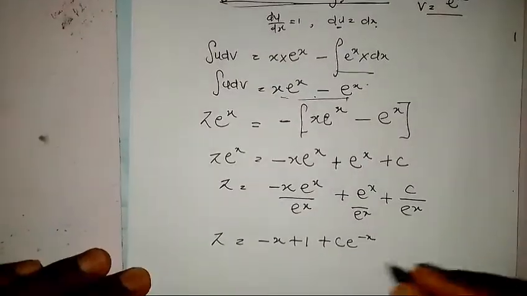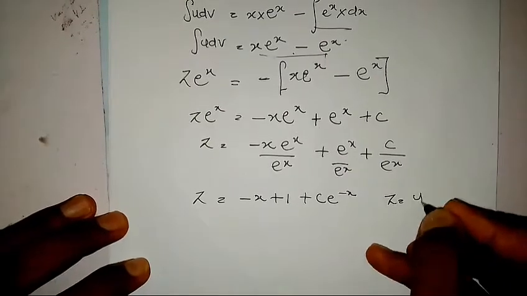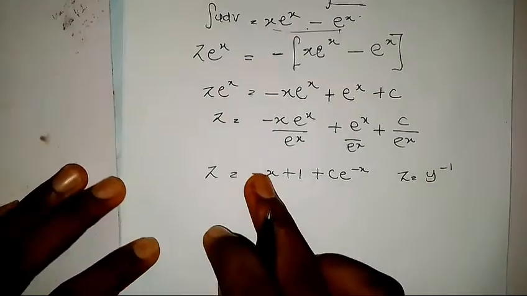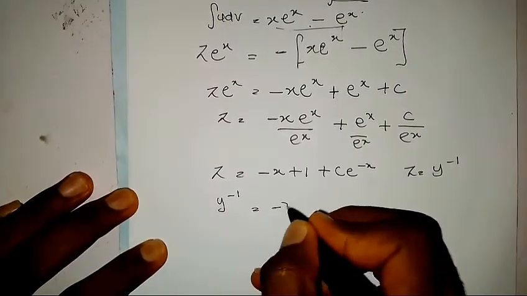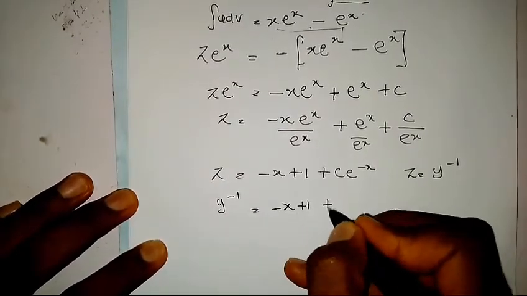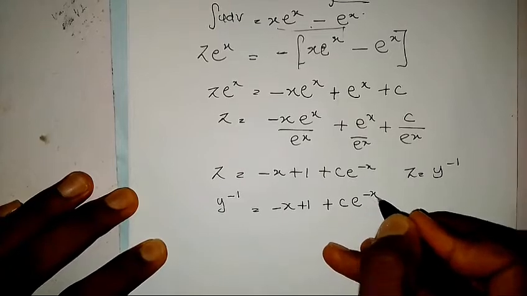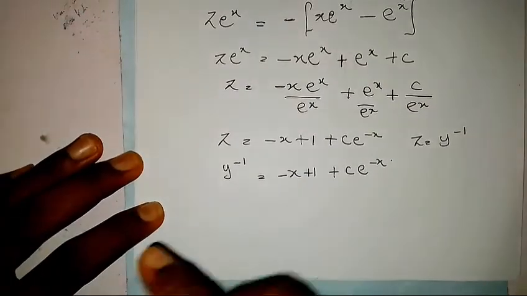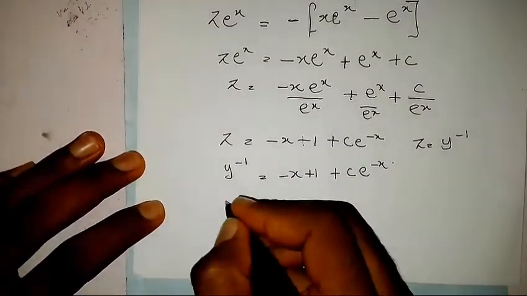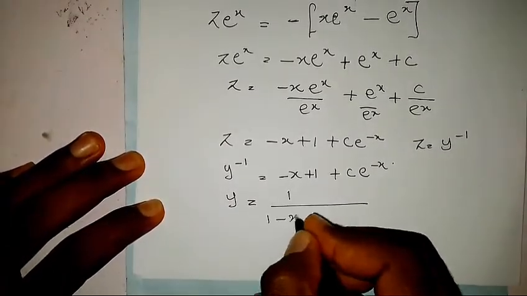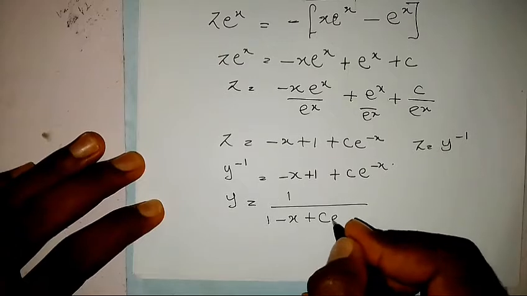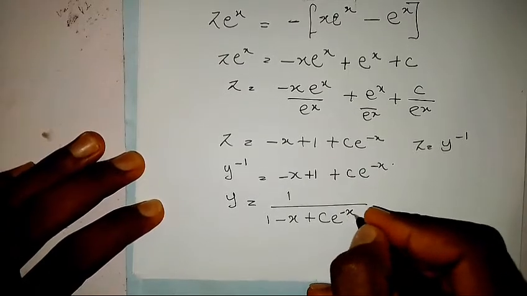So since z is equal to y raised to the power minus 1, we place it back into the equation. We have y raised to the power minus 1 is equal to minus x plus 1 plus c exponential minus x. For the final answer, you can actually leave it like this. Or you can say y is equal to 1 divided by 1 minus x plus c exponential minus x.